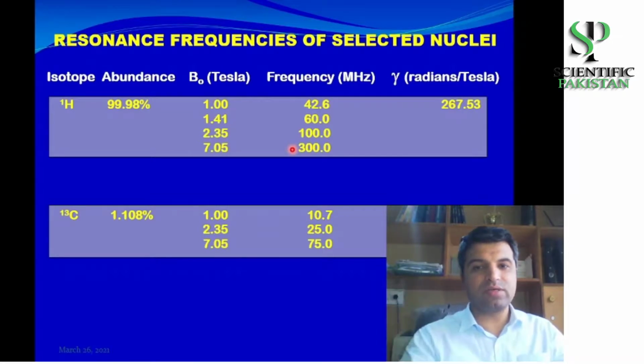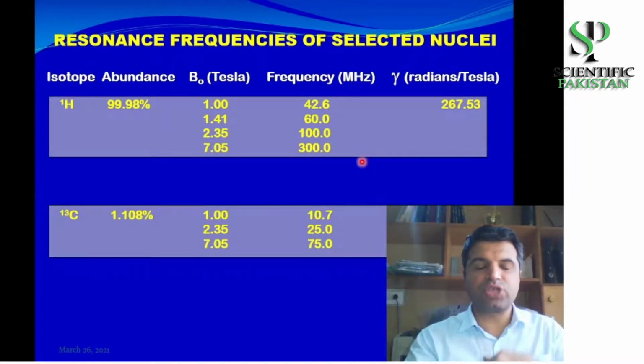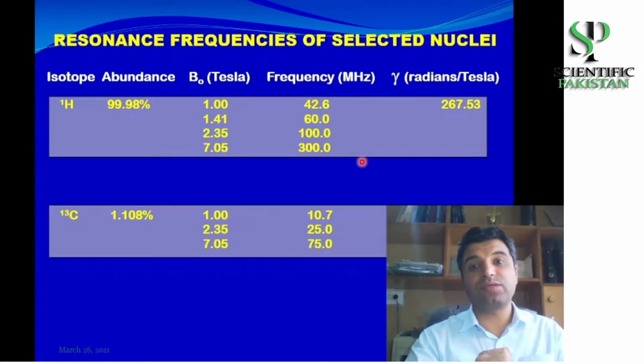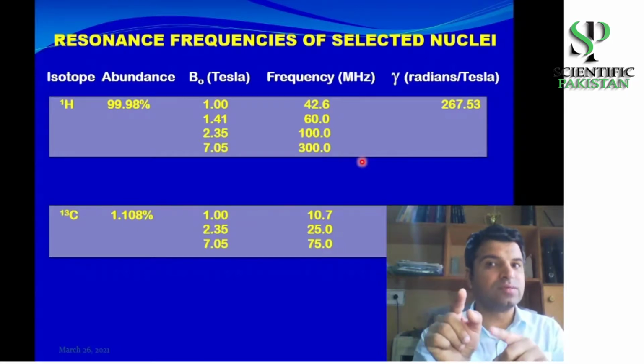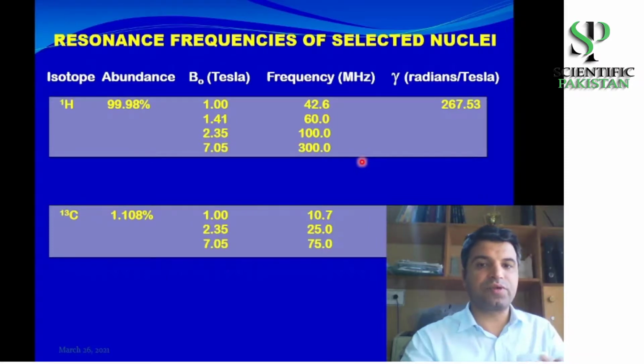So that radio frequency has to equal this Larmor frequency for the resonance to take place, and that is when the nucleus will jump from alpha to beta state, because that frequency is directly proportional to del E, and that is also directly proportional to B naught. So you can see that if we have B naught equal to 1 Tesla, the frequency required is 42.6 megahertz.